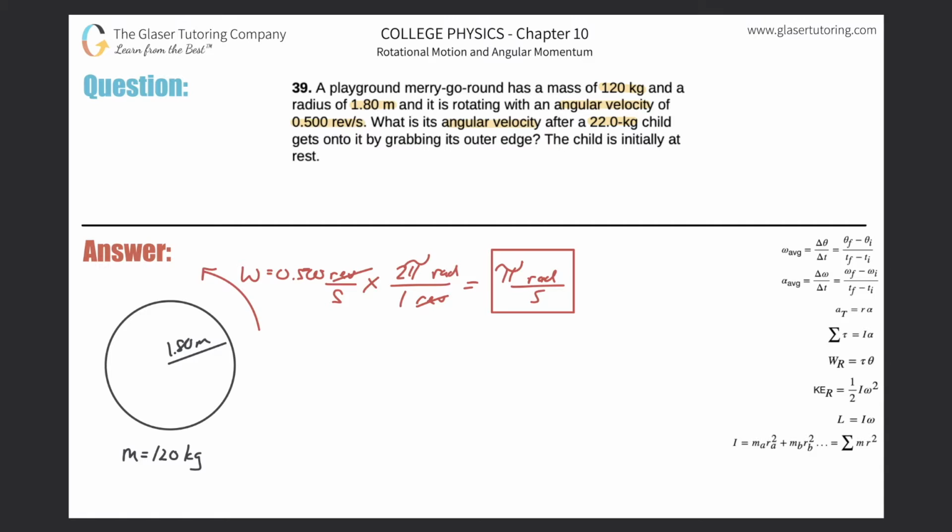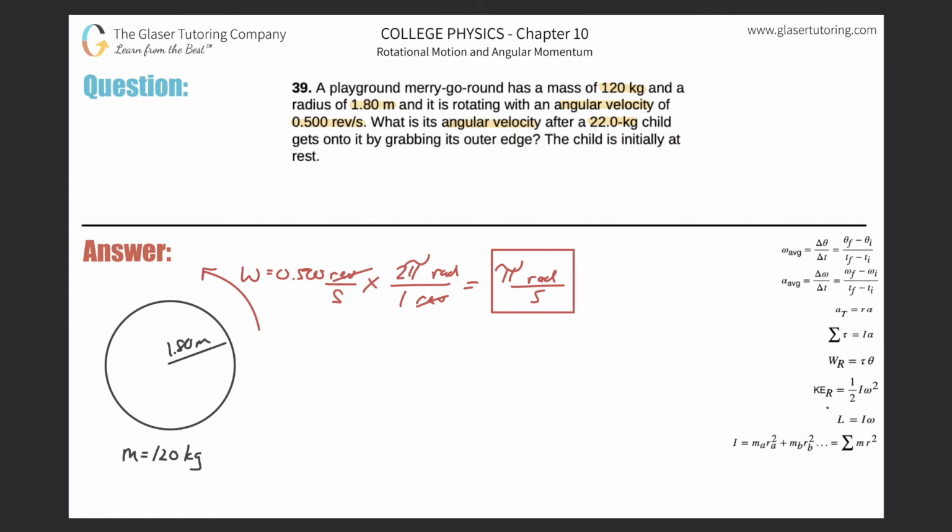Is there any conservation principle operating here? There is: the law of conservation of angular momentum. Just like the momentum problems you've done in your other chapter, this is pretty much the same thing, just dealing with angular momentum now.